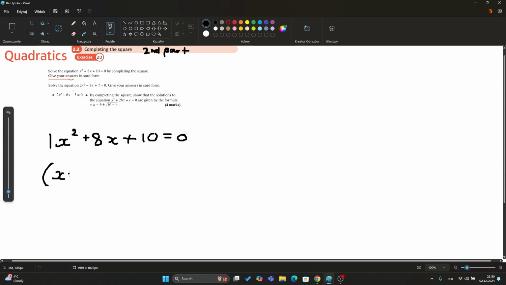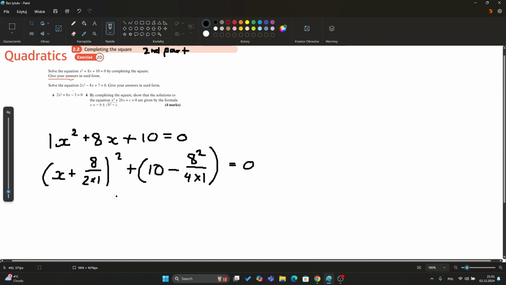Write x plus 8 over 2 times 1, squared, plus 10 minus 8 squared over 4 times 1, is equal to 0. And this will be x plus 4 squared minus 6 will equal 0.